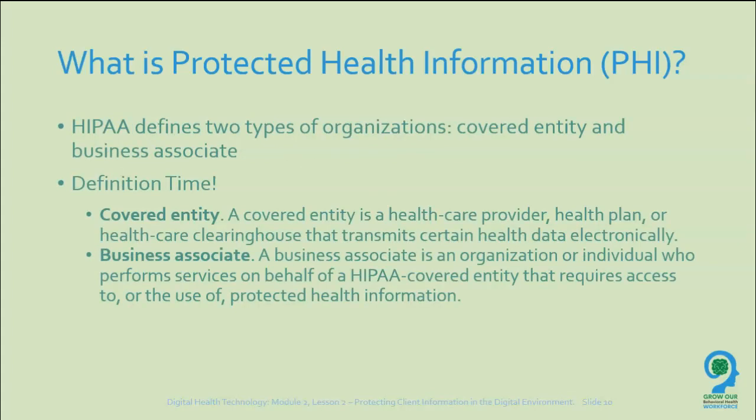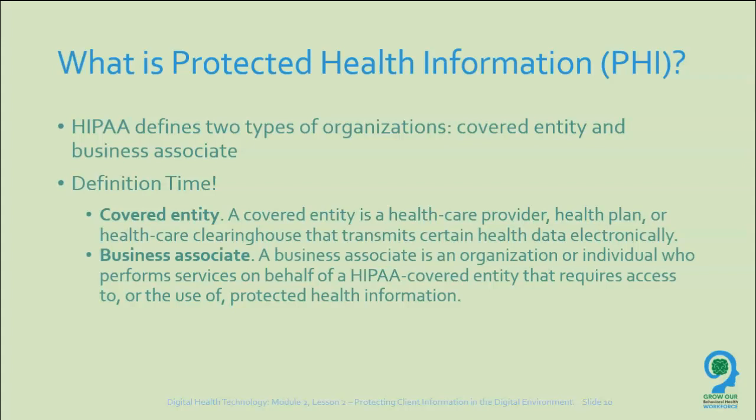So HIPAA manages this complex area by defining two types of organizations. One is a covered entity, and the other is a business associate. That means it's definition time. A covered entity is a healthcare provider, health plan, or healthcare clearinghouse that transmits certain health data electronically.